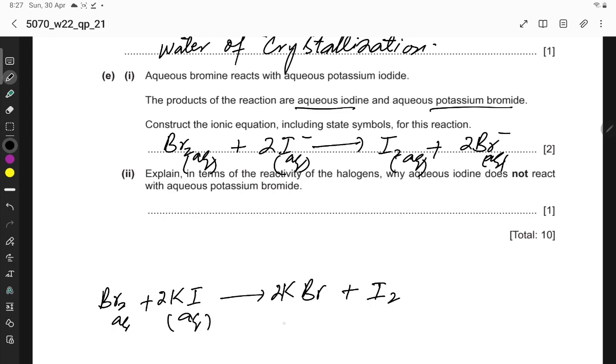The potassium ions are the same on both sides, so they can be cancelled, and it is written like this.